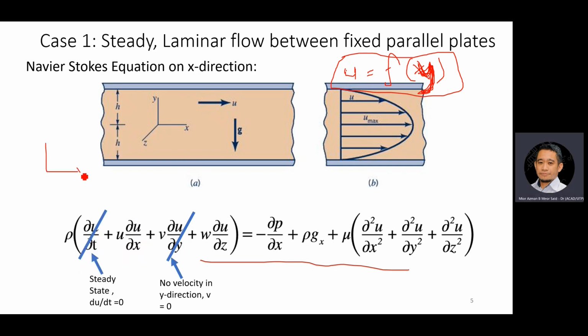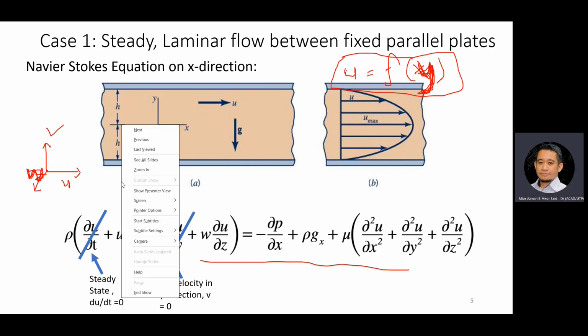The velocity in the x direction is u, the velocity in the y direction is v, and the velocity in the z direction, which is coming out of the slide, is w. Oh, sorry, this is w. Just the common symbols for the velocities.